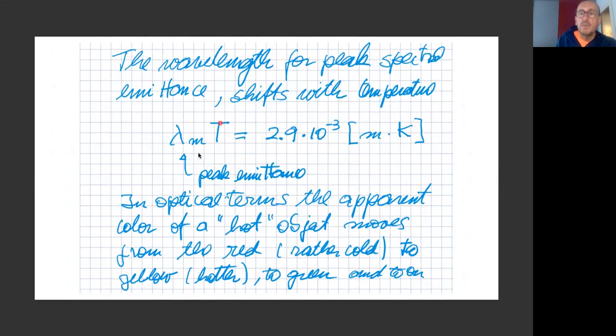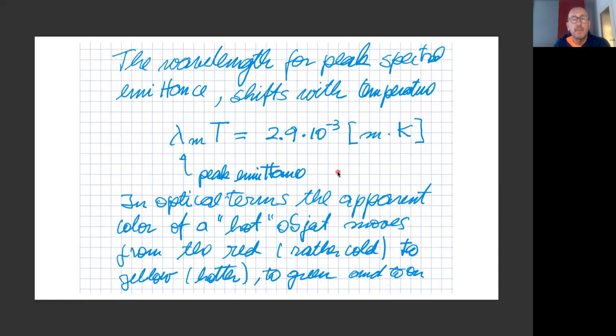It's also an empirical number that is 2.9 × 10⁻³ meters times Kelvin. You can change the wavelength and change the units, but it is important to know that.